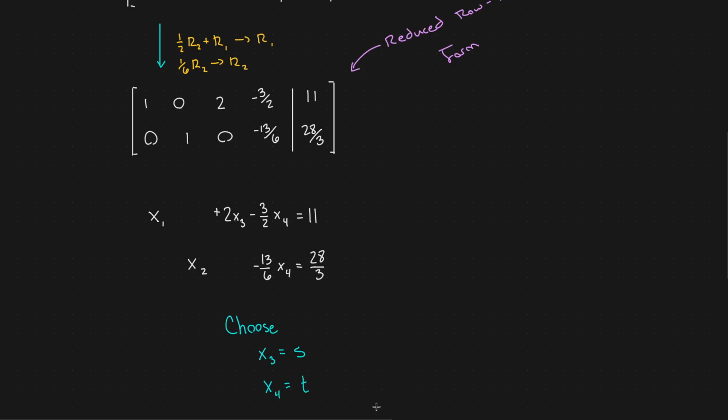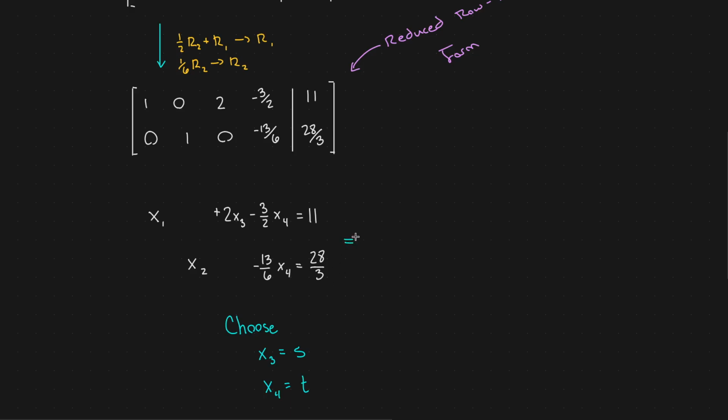And when I say free variables, that means we are free to choose whatever we want for those variables. They could be anything, and then we define the other variables in terms of the free variables. You could choose s to be whatever you want, you could choose t to be whatever you want, and we will have a solution to this system.